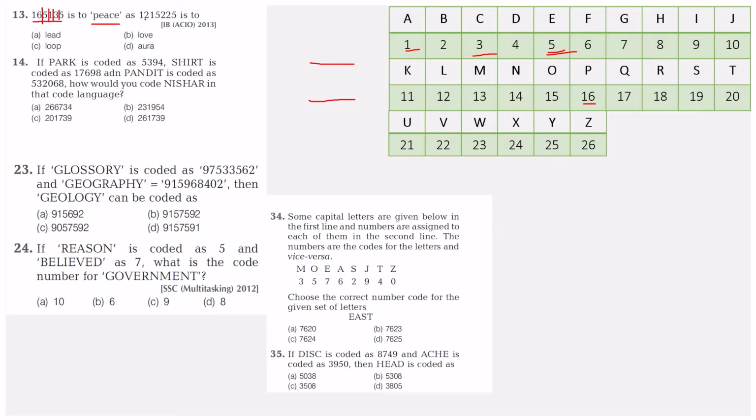So we've got that piece code and we've decoded it successfully. Now if you take a look at 1215225. You may be getting a doubt, like shall we take 1 as A or 12 as L, because we don't know what may be the number or what may be the order. But think of one thing, if you take 12 you'll get L, and if you take 1 you'll get A. All are 4 letter words.